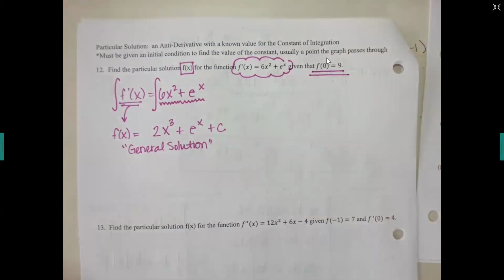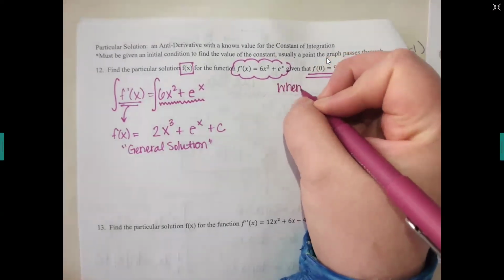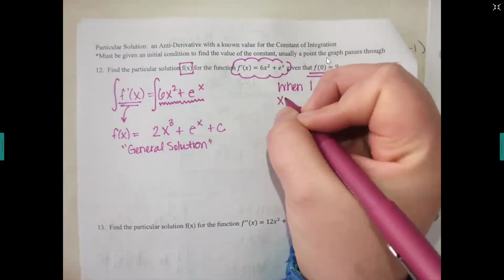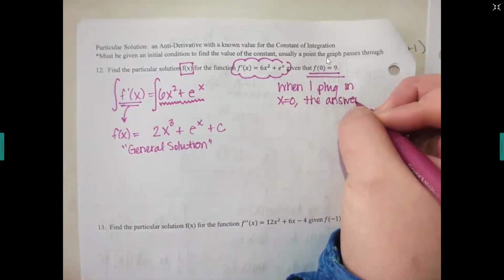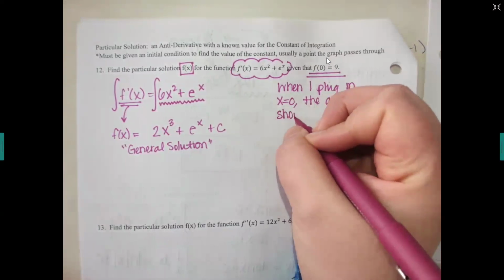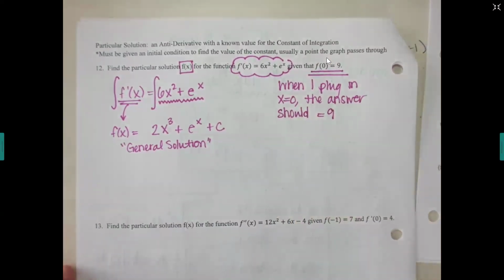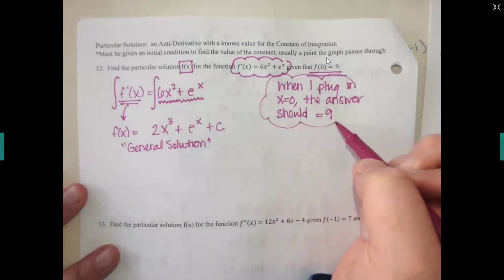It says, given that f of 0 is 9, that means that when I plug in x equals 0, the answer should equal 9. And so I'm going to use that information in my general solution to find exactly what c is supposed to be. So let's go ahead and do that now.